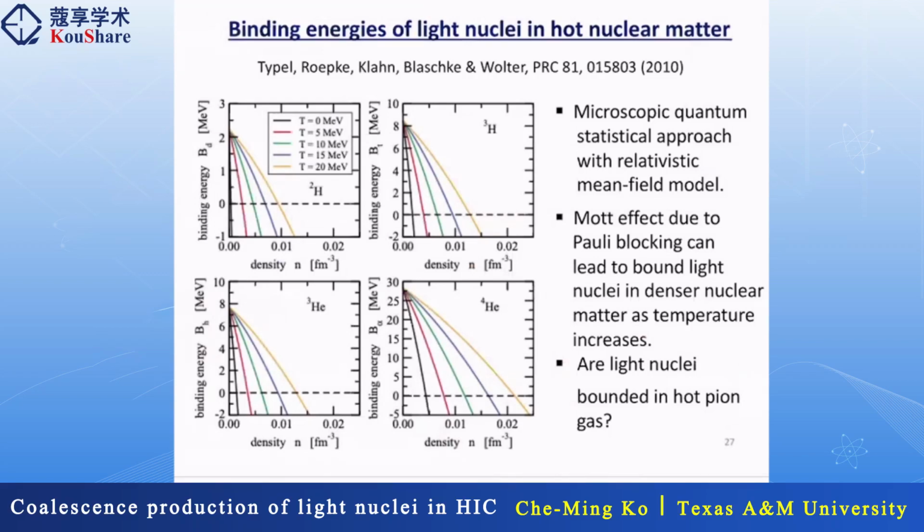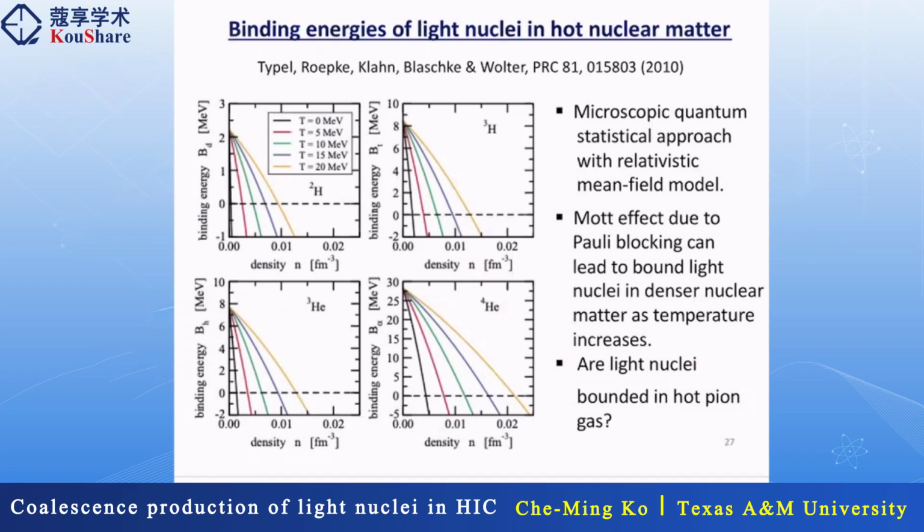In other words, the deuteron is bound by one-pion exchange potentials. Will that one-pion exchange be modified by the other pions in the hot matter? Nobody has studied that one. So that's one question. Will deuterons or other light nuclei be bound at high temperature, with a very small number of nucleons, most being pions?